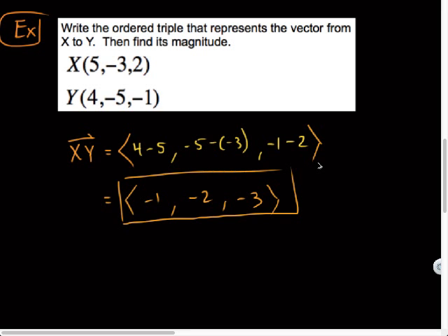If I was to graph that vector, that would be going back 1, away from us 1, left 2, and then down 3. That's kind of how I could imagine that. If I wanted to find the magnitude of this vector, that would just be the square root of the sum of the squares of those values.